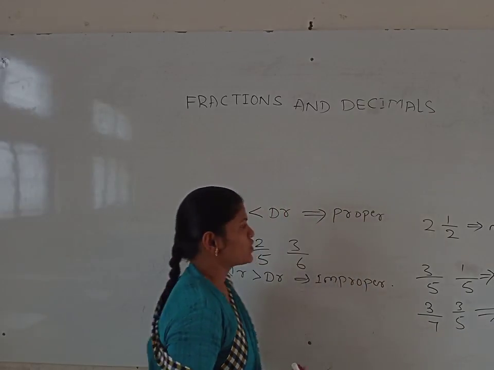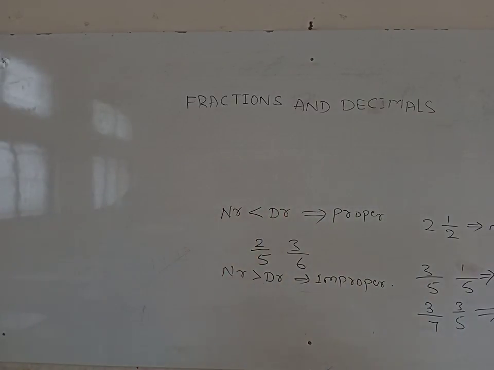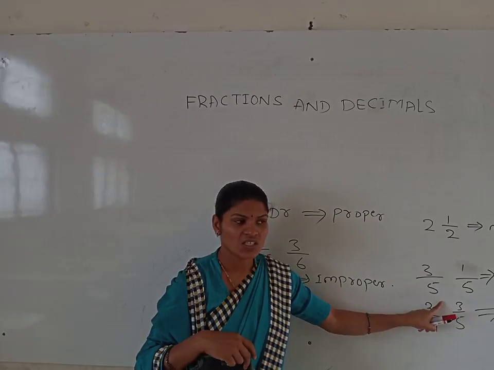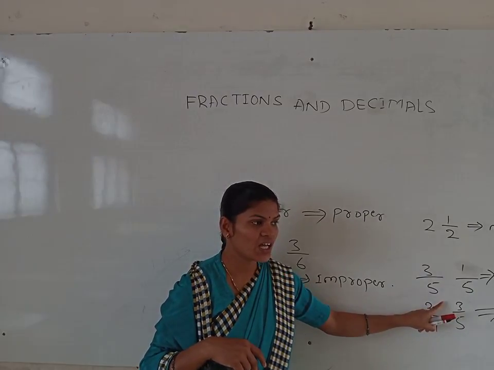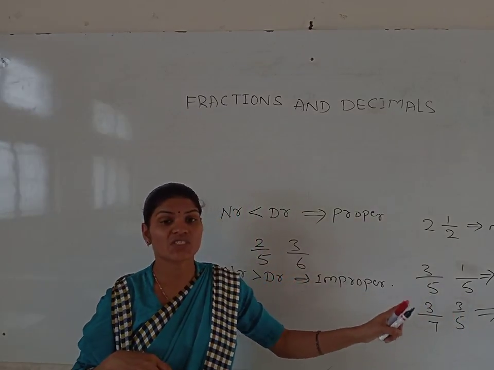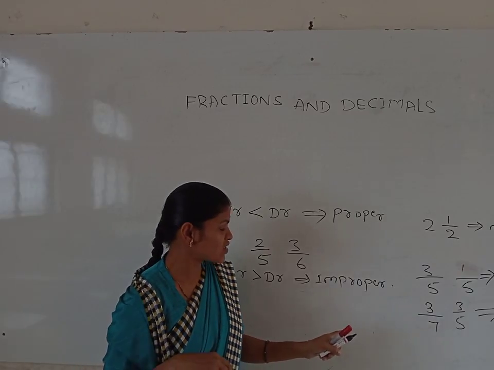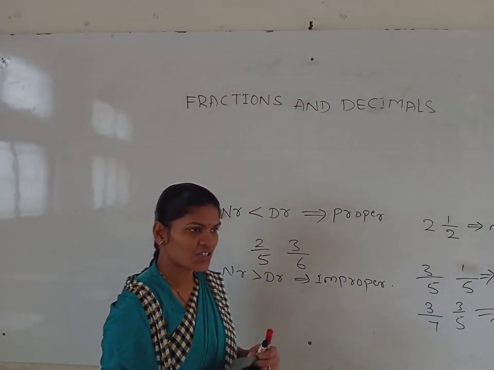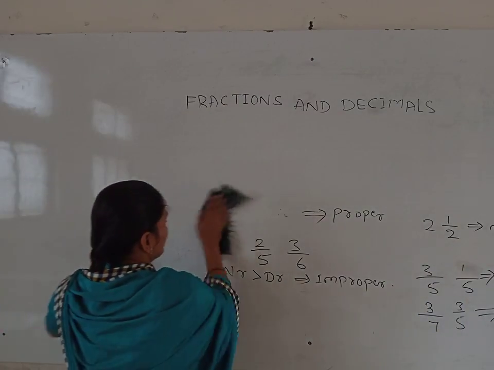Clear? So in our last class, we were adding as well as subtracting only the like fractions with the same denominator. Today we have to see the addition as well as subtraction of unlike fractions, with mixed fractions also. Clear? Shall we do it? Okay. Very interesting.